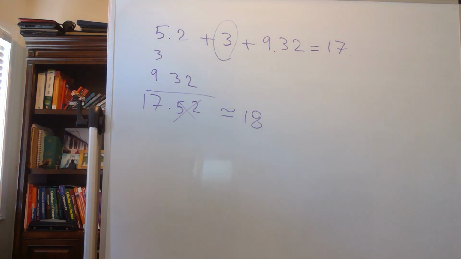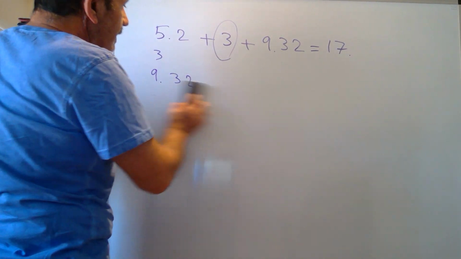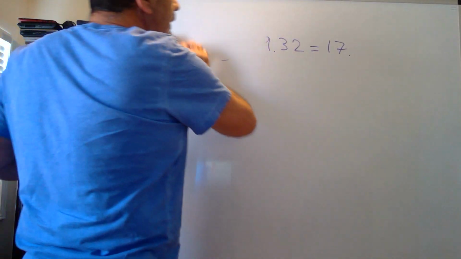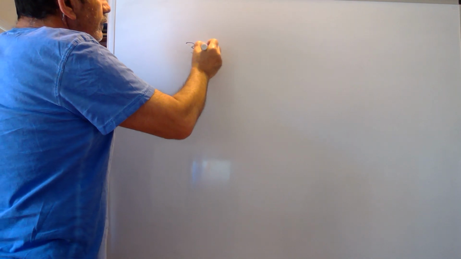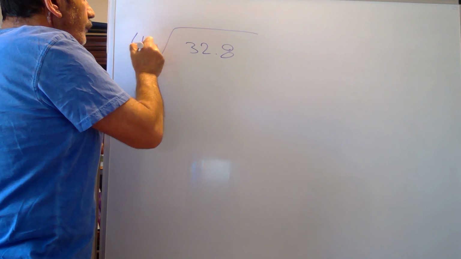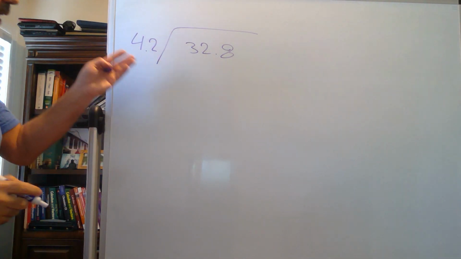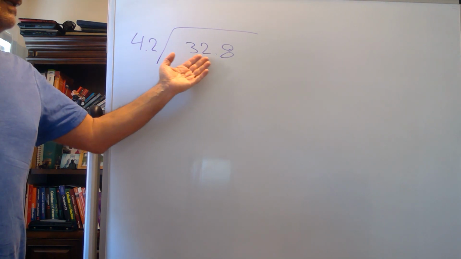In multiplication and division, the accuracy of the result is the minimum accurate number. As an example, if I am dividing 32.8 divided by 4.2, okay, when I'm dividing these two, the accuracy of this number is 3.